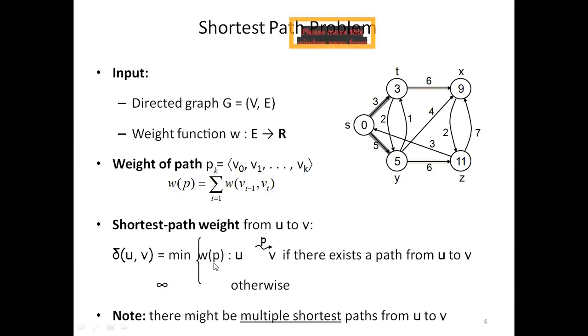Then w(p) is the sum of the weights of the edges in that particular path. The minimum will be taken. Otherwise, if there is no directed edge or there is no path, then we take it as infinity.